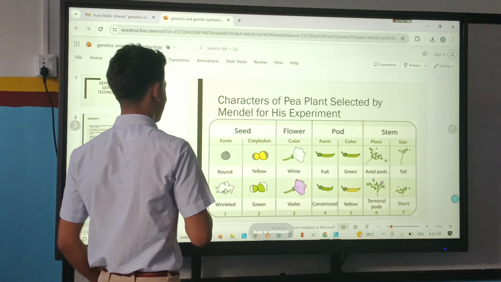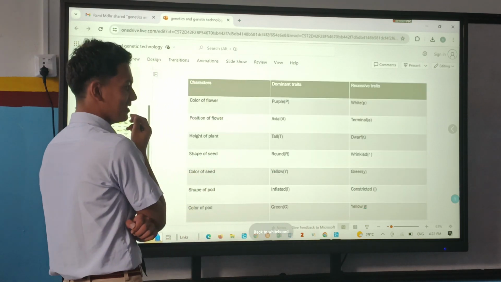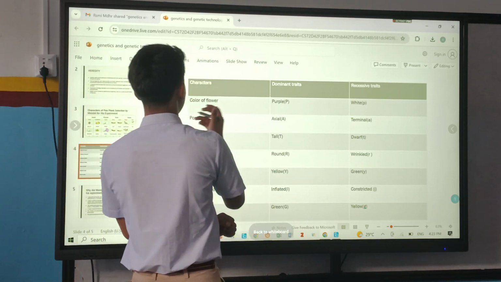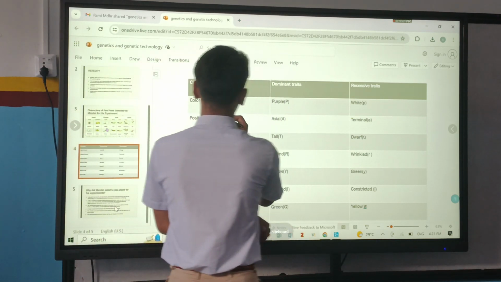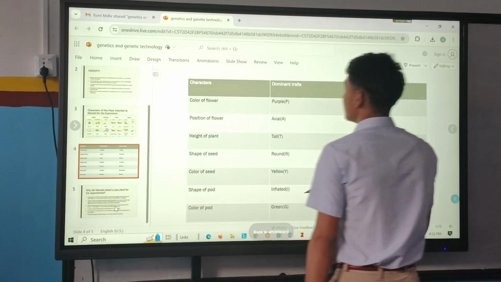Next one. So here are the characteristics, dominant traits and recessive traits.